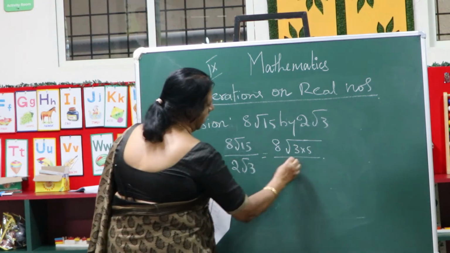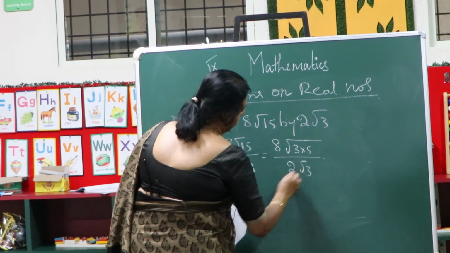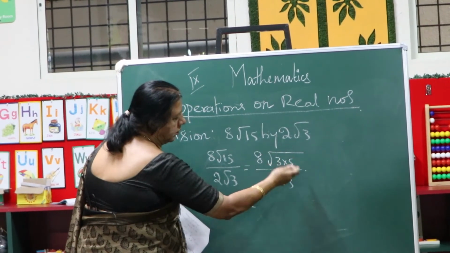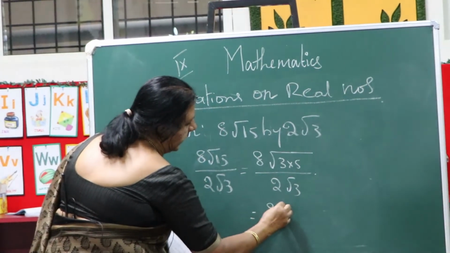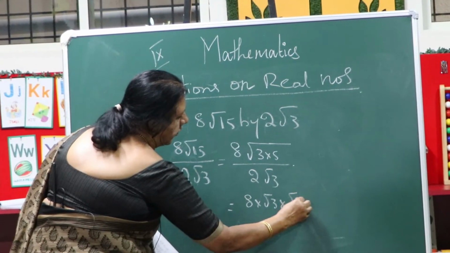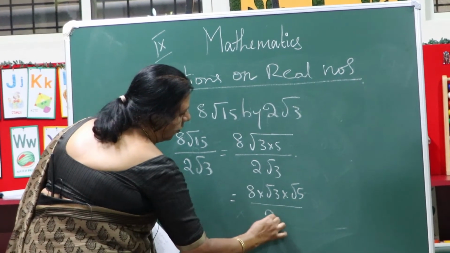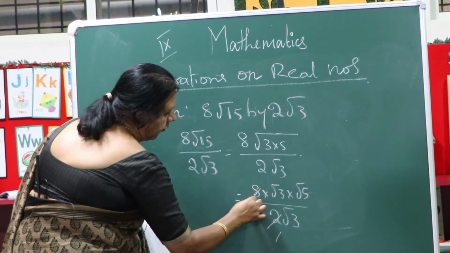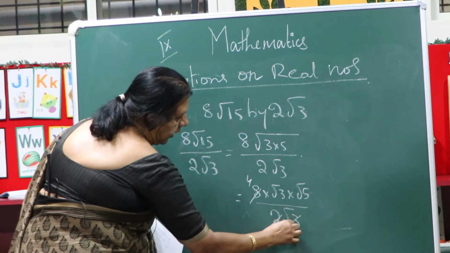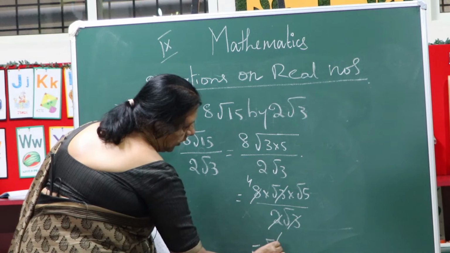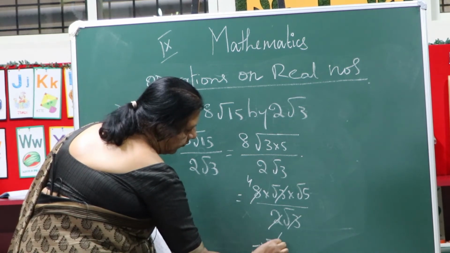Okay. So here 2 root 3. Here root 3 can be divided for both the numbers. 8 into root 3 into root 5, over 2 root 3. Now simplify. 2 fours are 8, root 3 cancelled. This is 4 root 5.